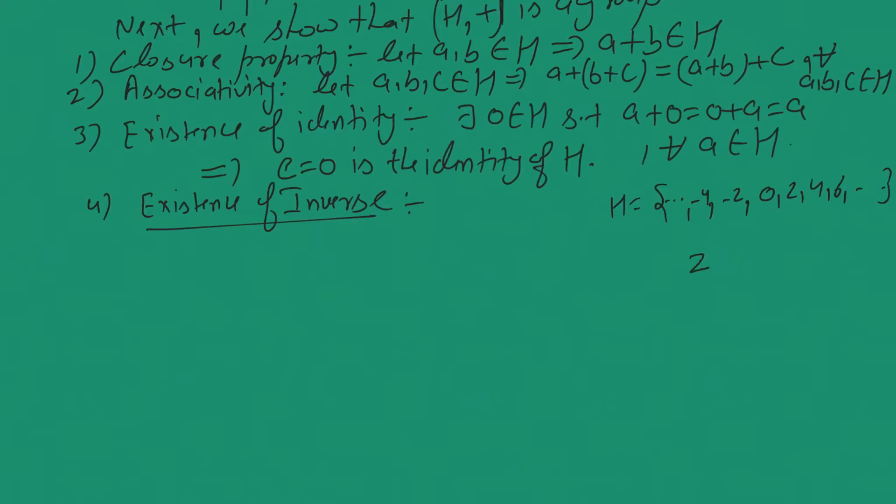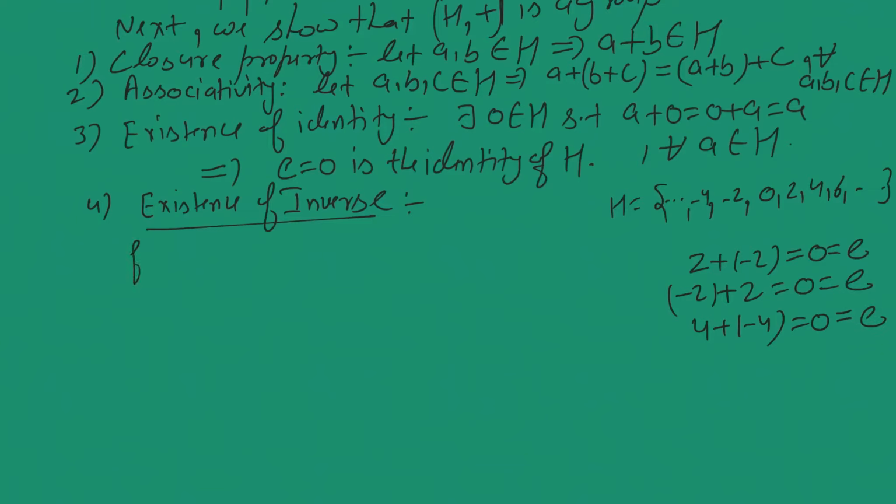For 2 there is minus 2 which is added to 2 gives 0, which is the identity, and for minus 2 there is 2 which is added to give identity. So for every element there is the negative of that, which when added gives 0, the identity.